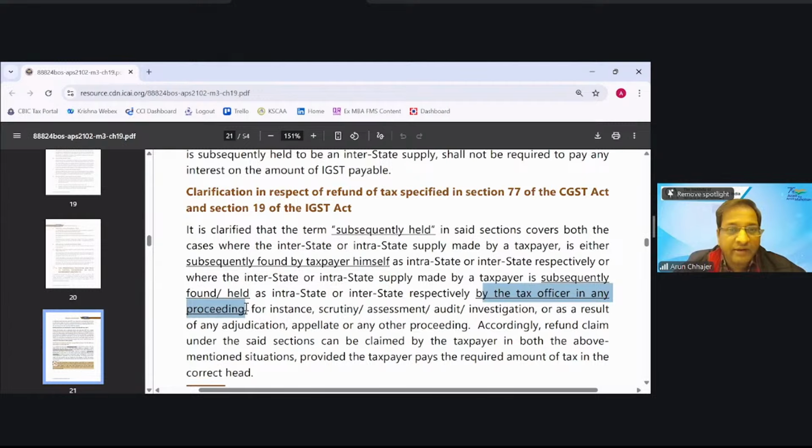Both are being covered. So in some of the cases it has been identified by the CBIC that the department is not giving the refund in cases when the taxpayer himself identified and pay the correct taxes and is asking for the refund of the wrong tax. Then they are saying subsequently held means it is only by the officer, not by the taxpayer, and for that purpose it has been clarified.